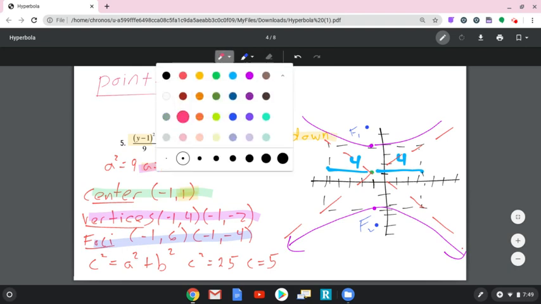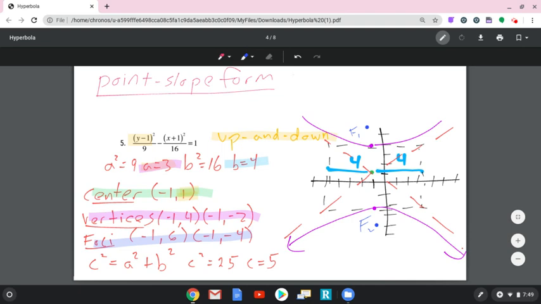If we have a point and a slope, our equation of our line is y minus y1 equals m times x minus x1. M is our slope, and x1 and y1 are a point on our line.